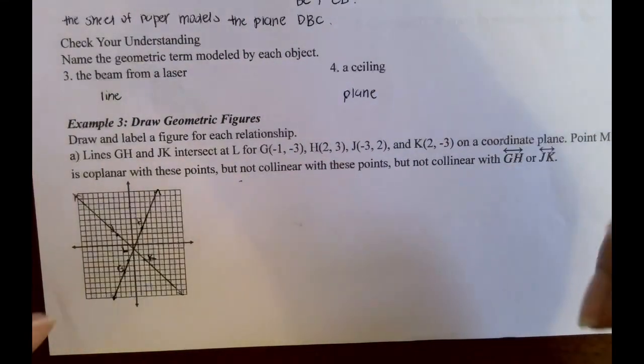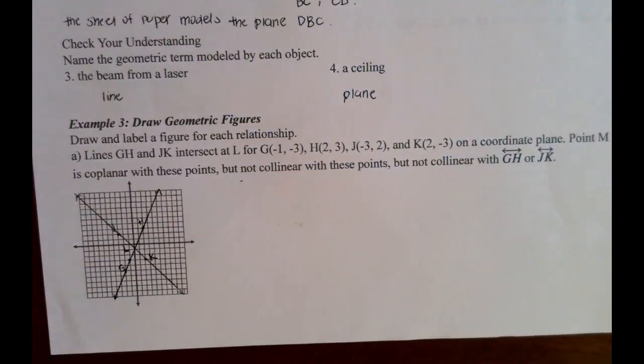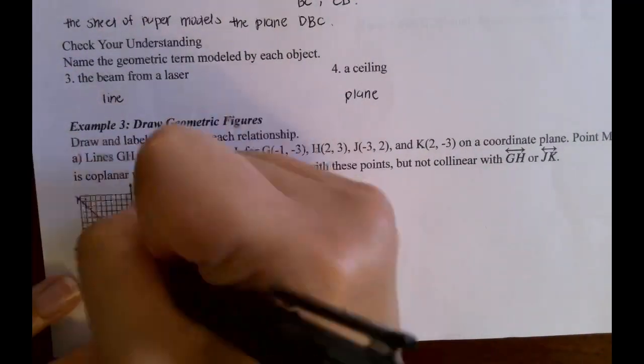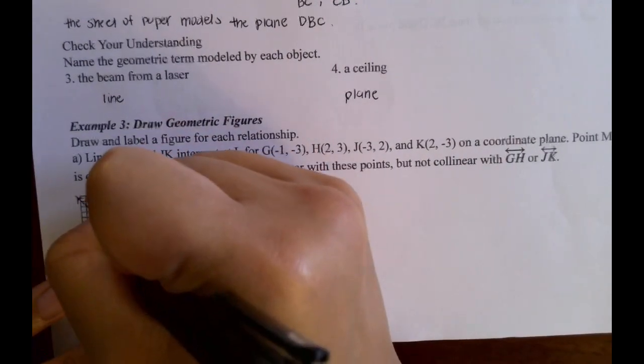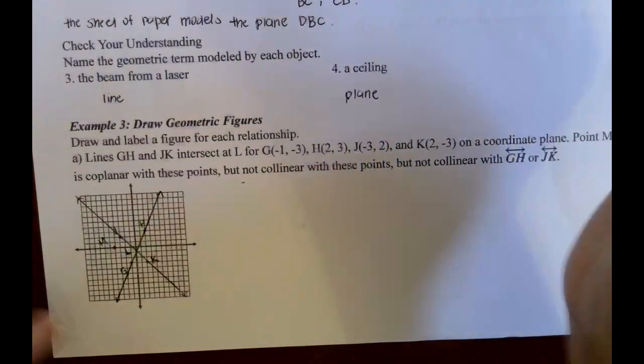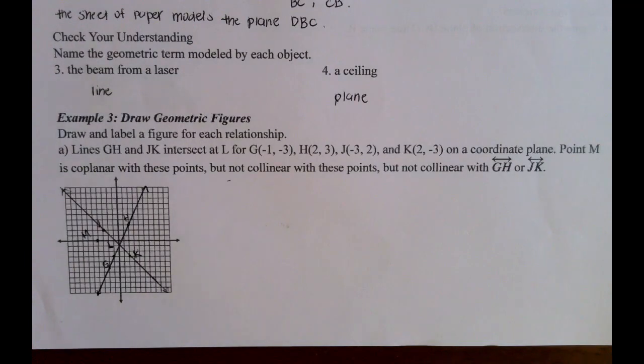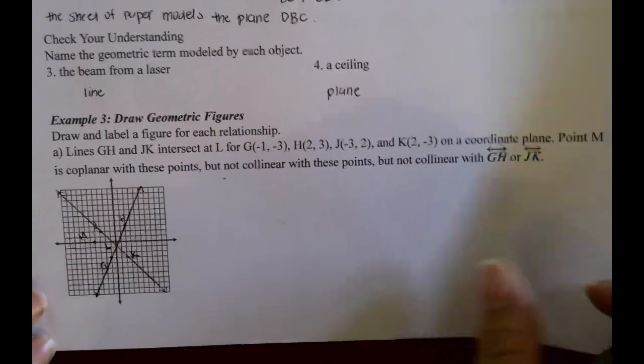The book just chose to give it a point at -4, 0. However, you could have still been correct and put M anywhere as long as it wasn't on this line. Now I'm going to do the next one.